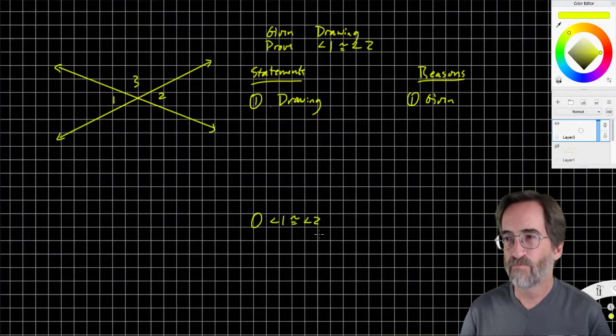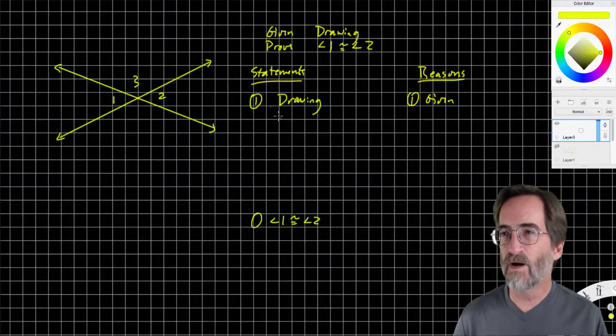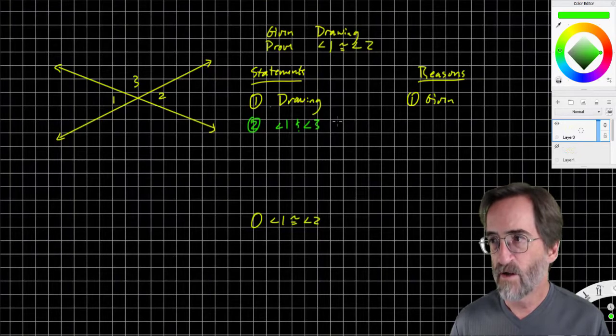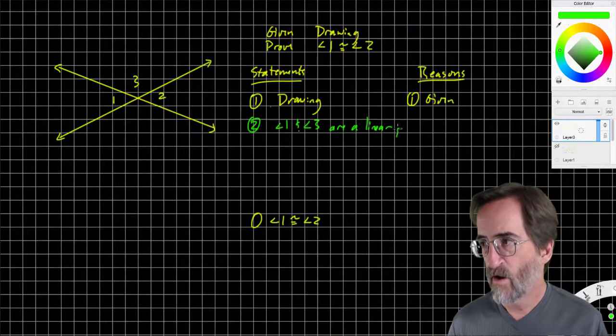Okay? So let's go there. All right, statement number 2: angle 1 and angle 3 are a linear pair. How do I know? That's the definition of a linear pair.